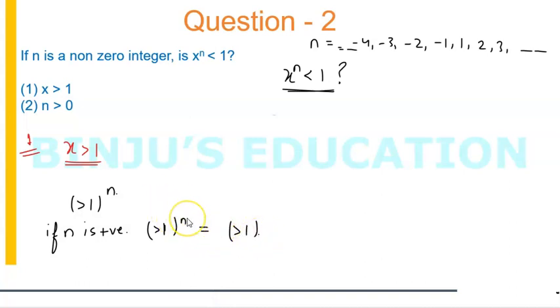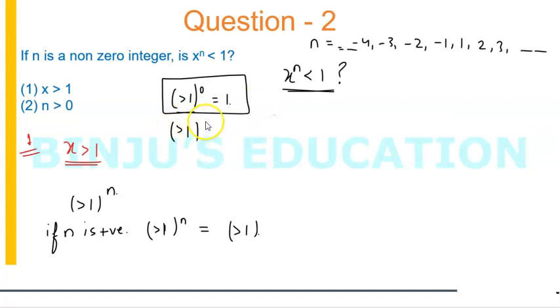Because any real number to the power 0 is 1. Since we are talking about numbers greater than 1, let's write simply greater than 1 so that you don't get confused. Any number greater than 1 to the power 0 is always equal to 1. So any number greater than 1 raised to any power greater than 0 will always be greater than 1, because now you're increasing the power.